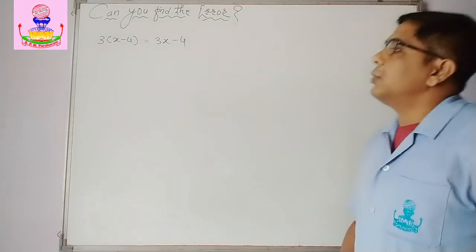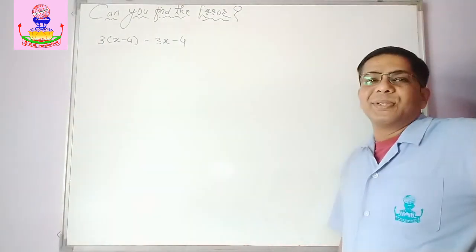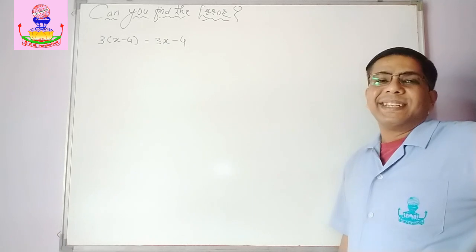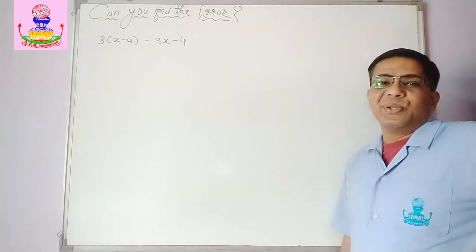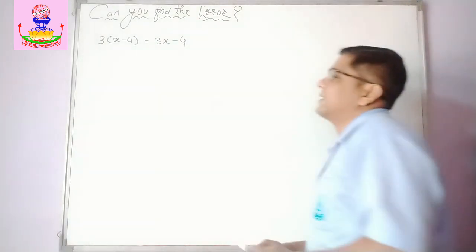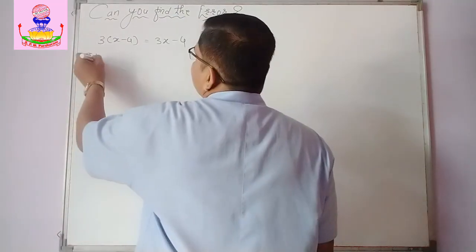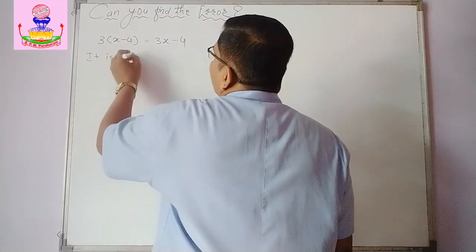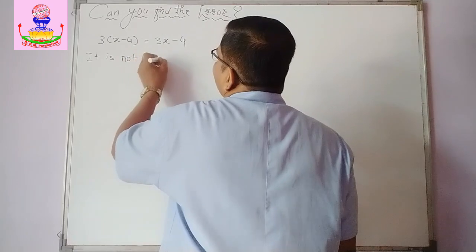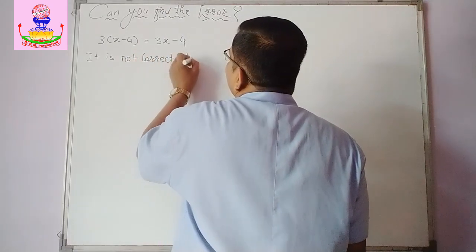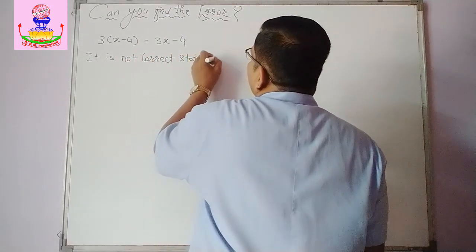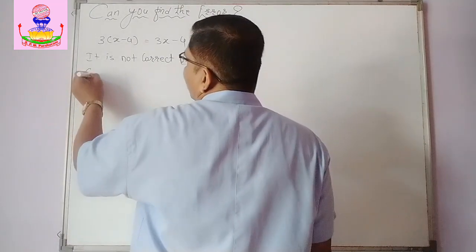Now see this, 3 into bracket x minus 4 is equal to 3x minus 4. Is it a correct statement? Oh no, it's not. It is not a correct statement. Now, what is the corrected statement?